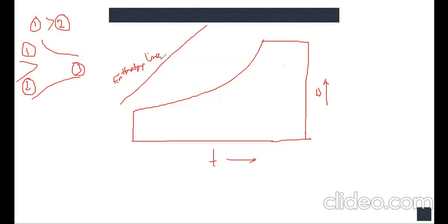So first of all, we draw an arbitrary diagram. First we draw state 1. Suppose this is our state 1, omega 1, H1.